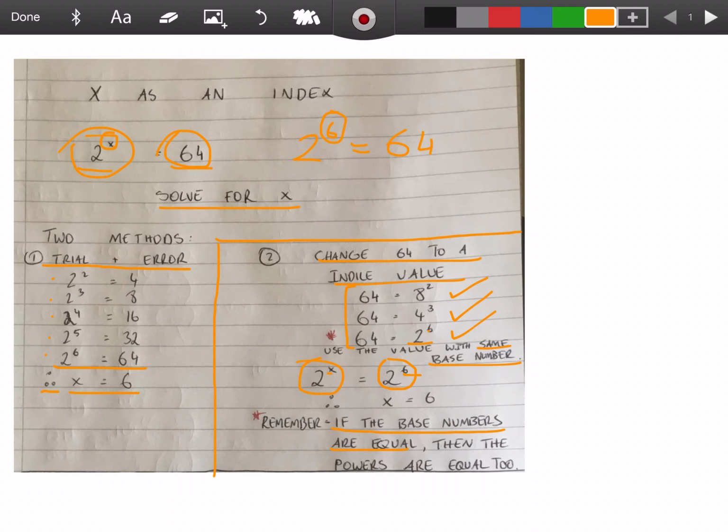So if I've got 2 to the power of x is equal to 2 to the power of 8, then because the base numbers are equal, then the powers have to be equal as well.